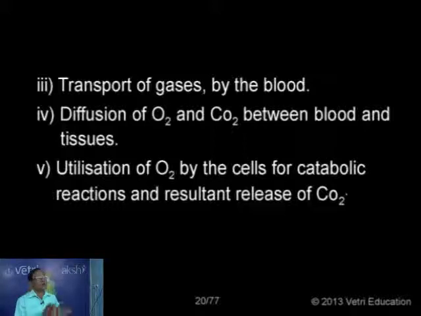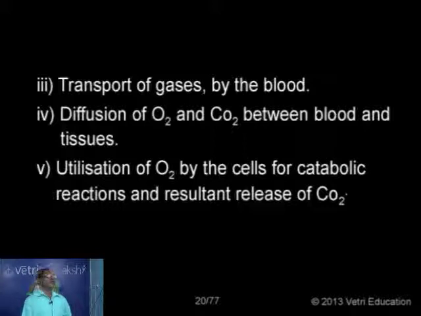Now the oxygen reaches the cells, where we have the diffusion of gases once again, diffusion of oxygen and carbon dioxide between the blood and the cells. So the first event is the breathing, the ventilation. The second event, the diffusion, is between the blood and the alveolar gas. Here once again the diffusion occurs, between the blood and the cells. So, diffusion of oxygen and carbon dioxide between blood and the tissues.